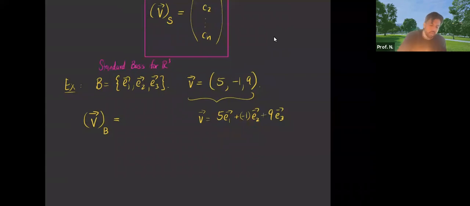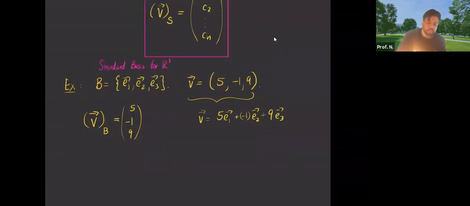So the coordinates relative to our standard basis are exactly the way we normally describe vectors. So this would be just 5, negative 1, 9. There's not much to say here. It's exactly what you expect, because every single time we express a vector in R3, R4, Rn, we're utilizing the standard basis as a reference. The standard basis is our reference.